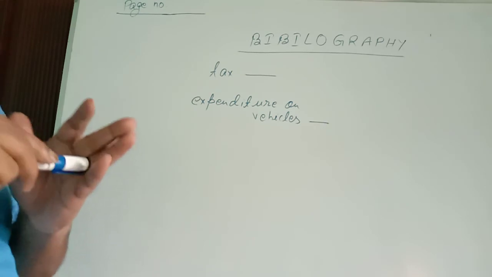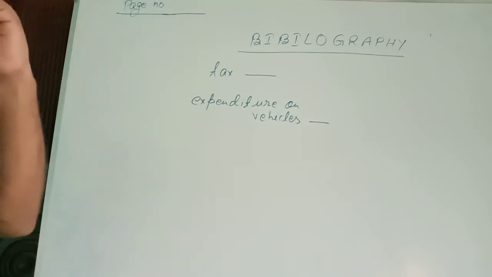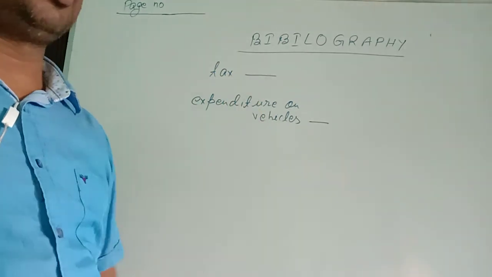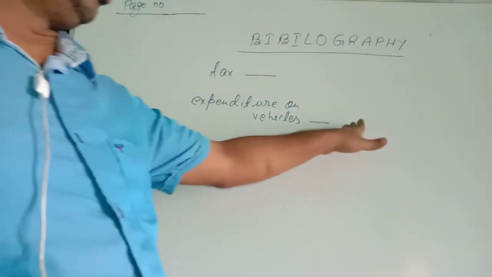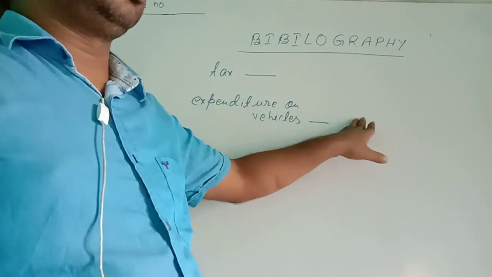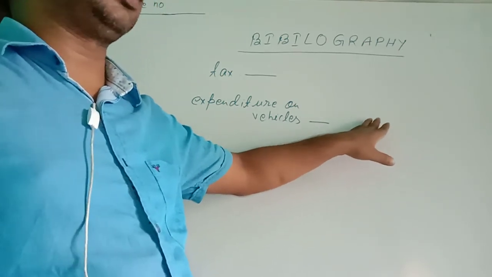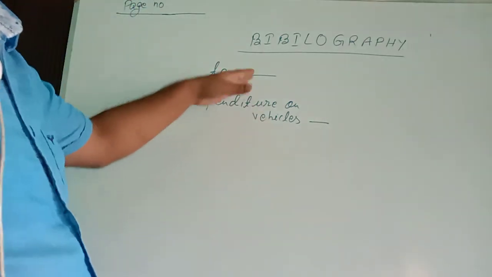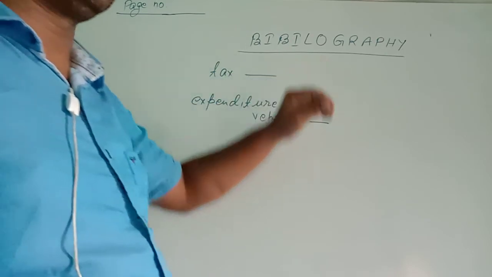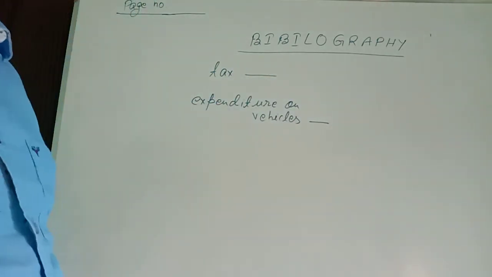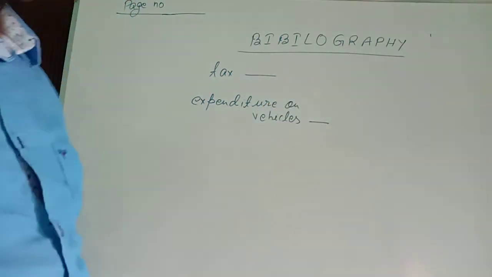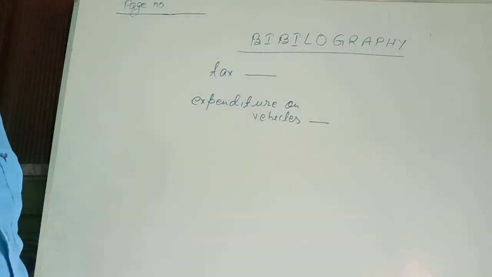If you have got the information from the internet, suppose the price of petrol, you write that. If you write the address of the website, that is better. Or if you get information about tax from any bank, you mention the source, the name of the bank from where you have got the information about tax.